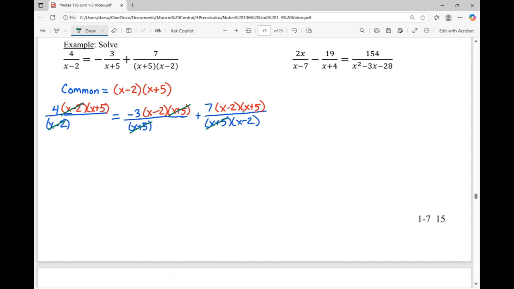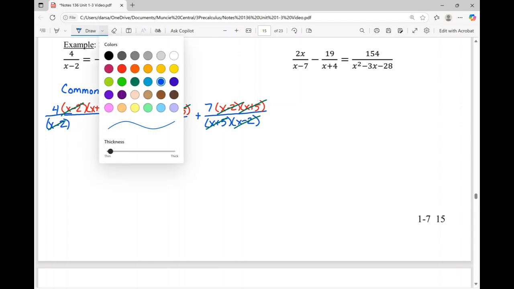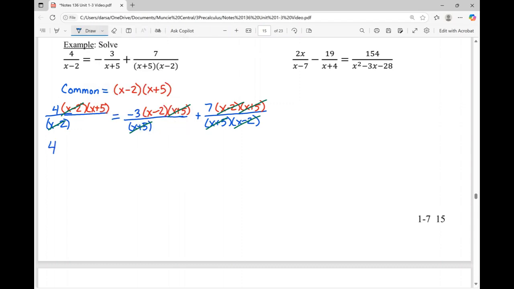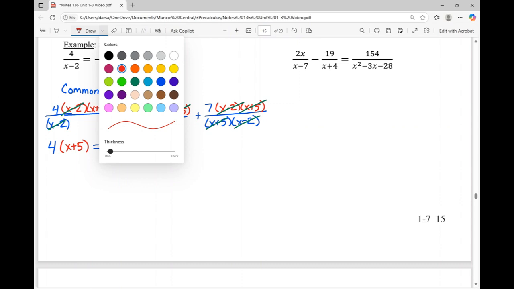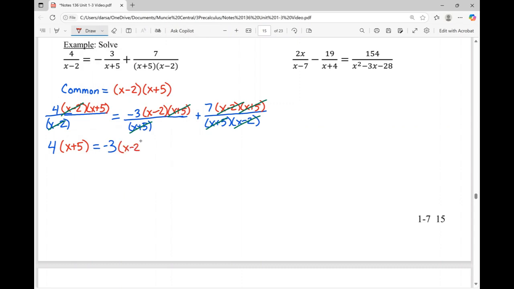And in the third fraction, there is an x plus 5 and an x minus 2, and those are all gone as well. So what has happened here is this big ugly mess has now simplified to 4 times x plus 5 is equal to negative 3 times x minus 2 plus 7, and there's nothing other than the 7 there.